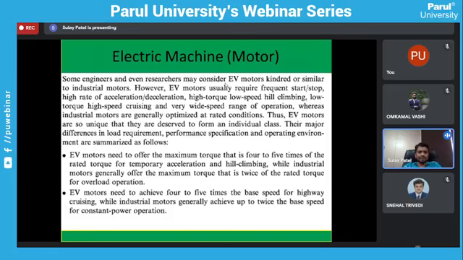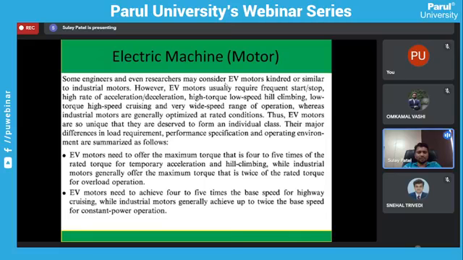Now let us discuss electric machines and motors. Some engineers and even researchers consider EV motors similar to industrial motors. However, EV motors usually require frequent starts and stops, high rates of acceleration and deceleration, high-torque low-speed hill climbing, low-torque high-speed cruising, and a very wide speed range of operation.